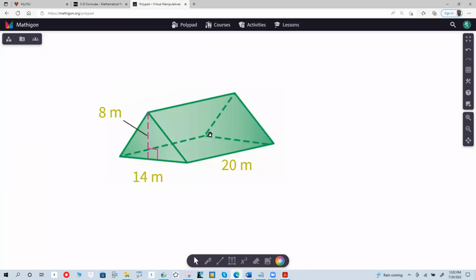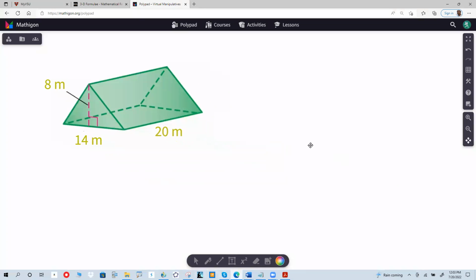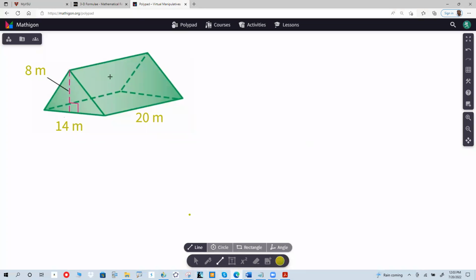And I have to find this slant height using the Pythagorean theorem. I'm going to draw my little triangle here.